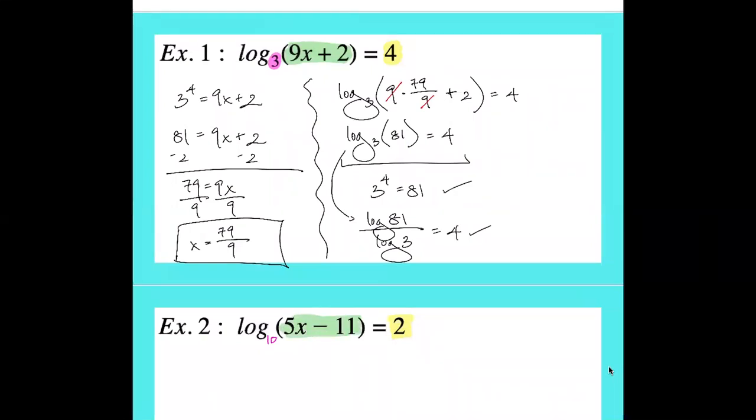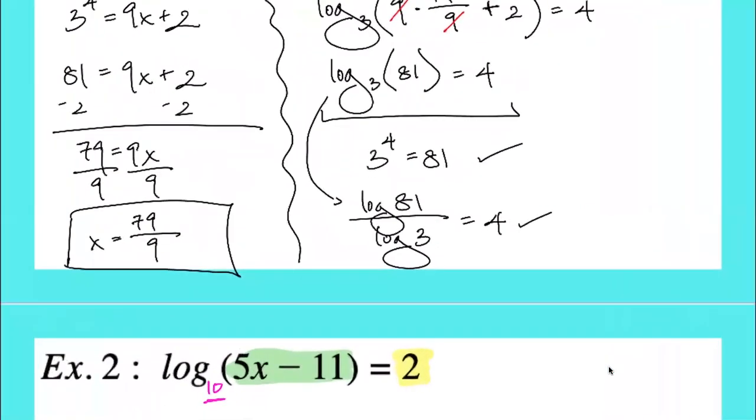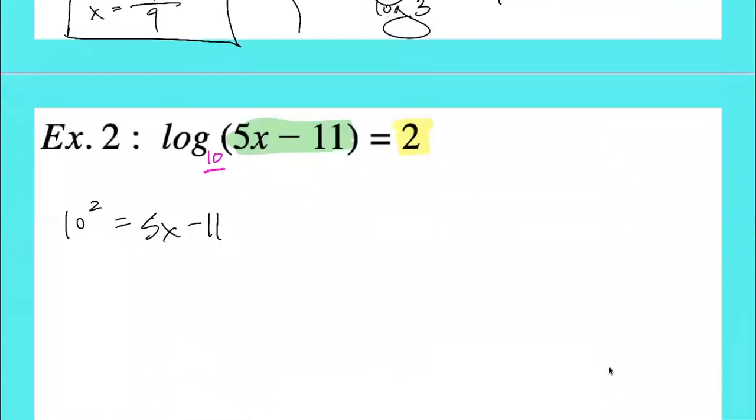And we have our base down here. So when we rewrite this, it's going to be 10 to the 2nd power equals 5x minus 11. Okay. That rewriting step is something that I want to be so solid for you that you just know how to do it. Okay. So definitely spend some time practicing that.